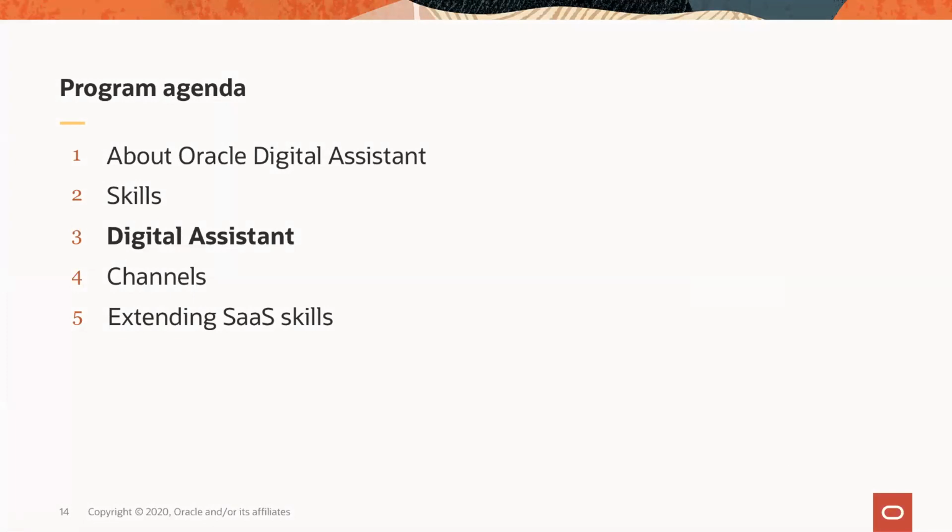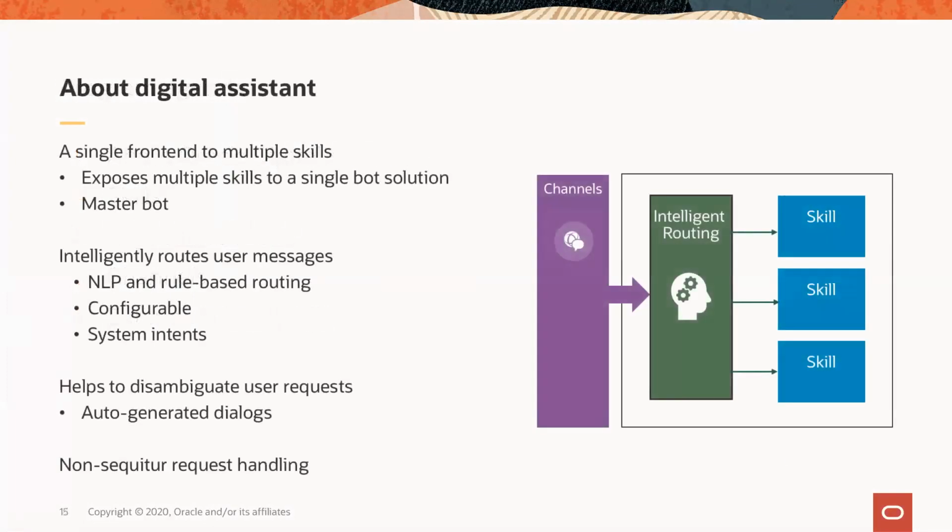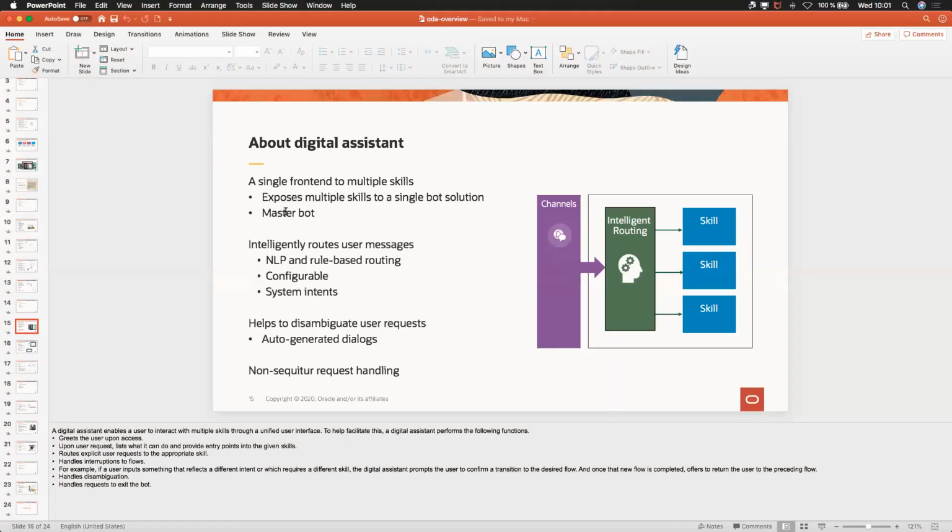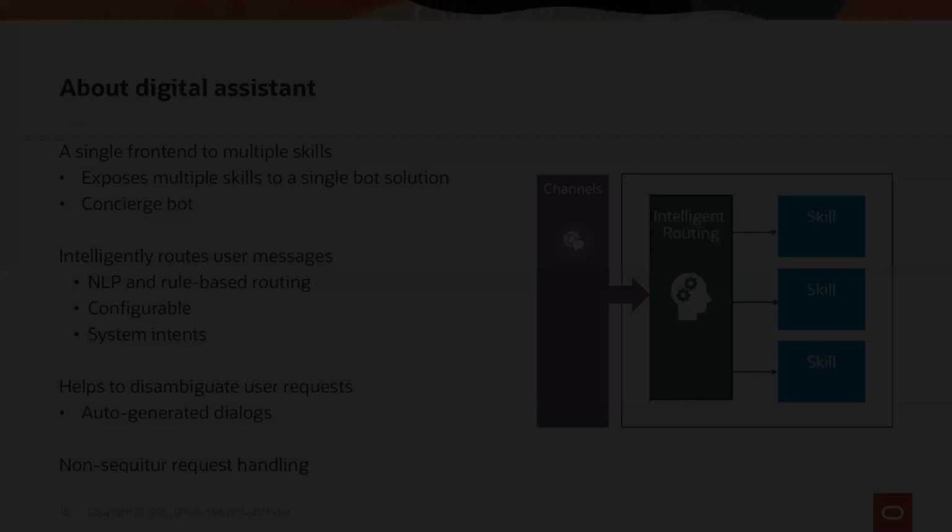And this is what actually Digital Assistant is doing for me. So Digital Assistant is a single front end for multiple skills. Here's the word masterbot. I think master has become an evil word, so I want to replace it right away with concierge, because it's describing the same thing.